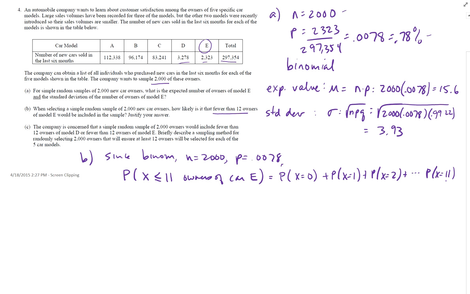And the way you do that is binomial CDF. I'm going to write it down here, but you do not have to write it on your paper. Binomial CDF, and it's n, 2000, 0.0078, 11 successes.